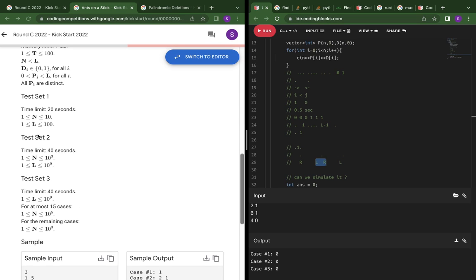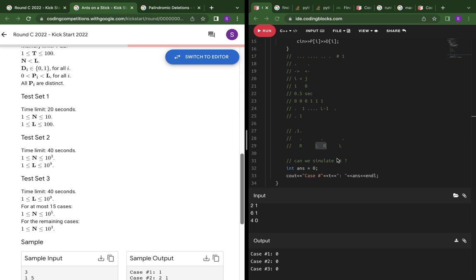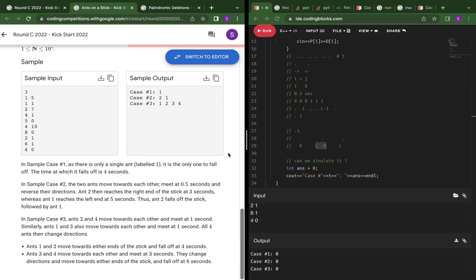So if L is up to 100 and N is 10, that is small enough. So I can probably simulate this for test case 1.